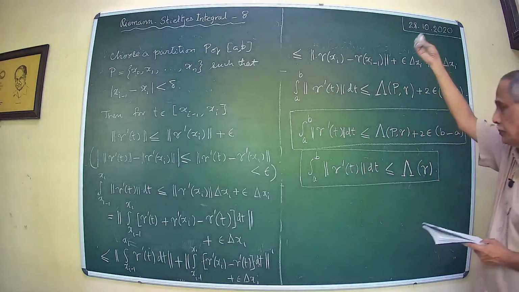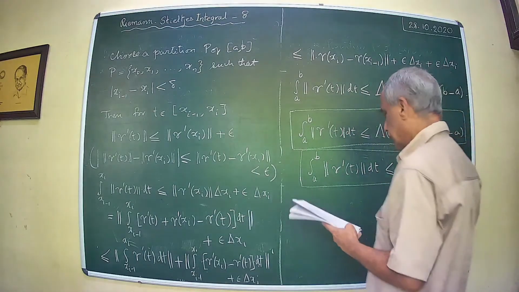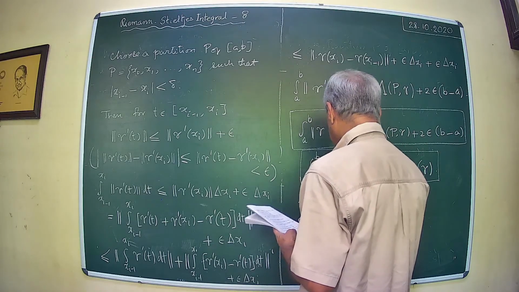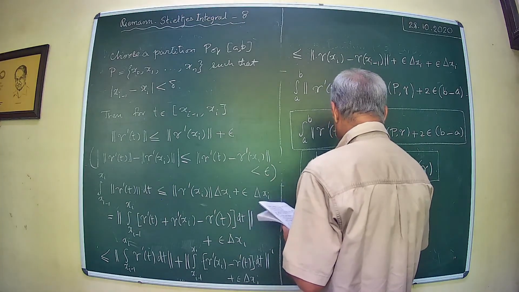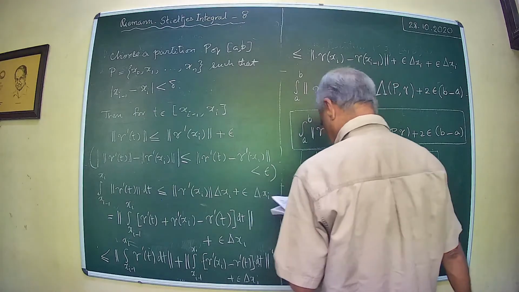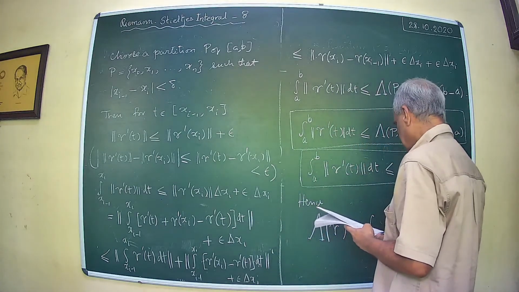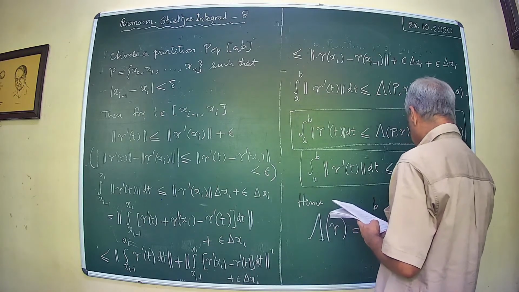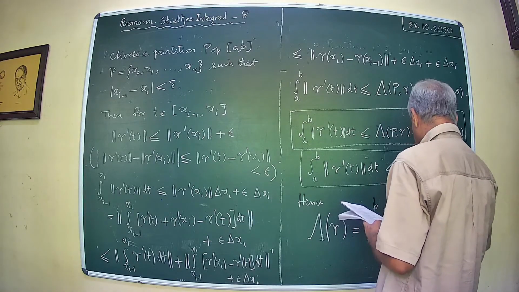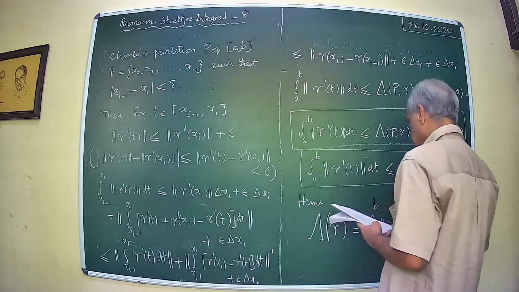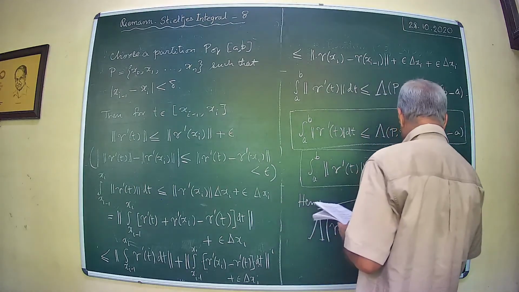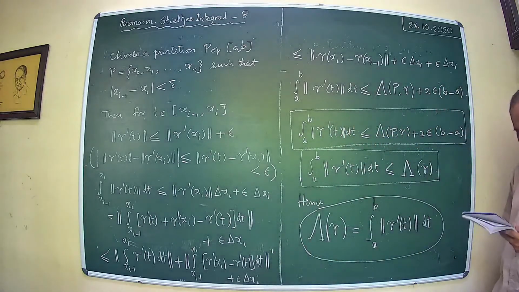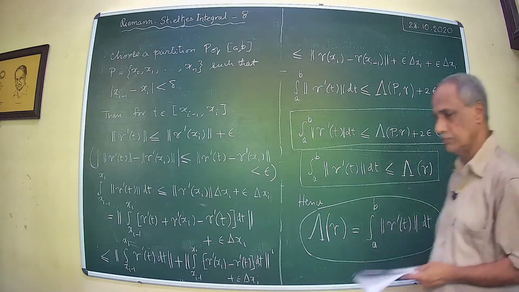Combining this with the previous inequality, you get hence lambda equal to the integral from a to b, so that proves the theorem. Okay, so that's the proof.